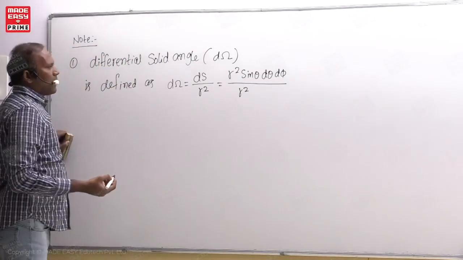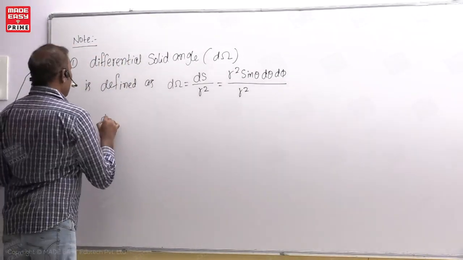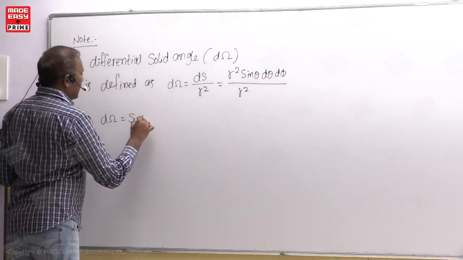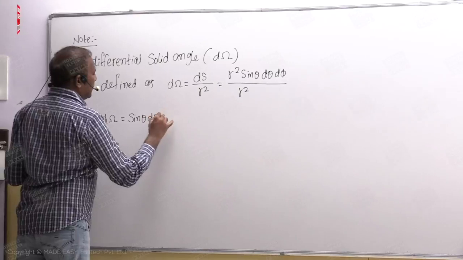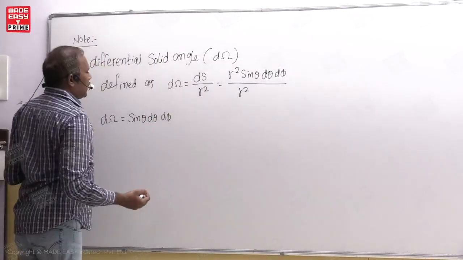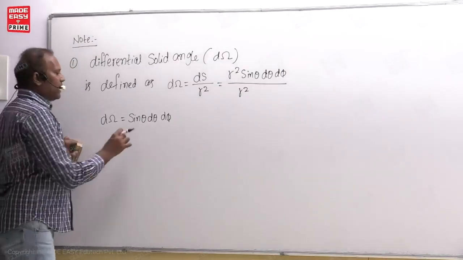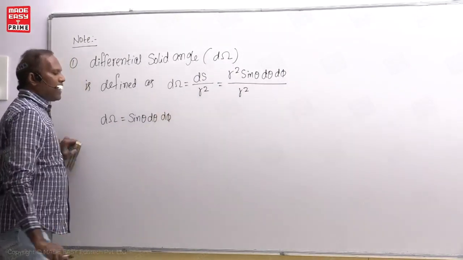So r square cancels, and ultimately differential solid angle is sine theta d theta d phi. Here d theta is the differential vertical angle, and sine theta d phi is the differential horizontal angle.